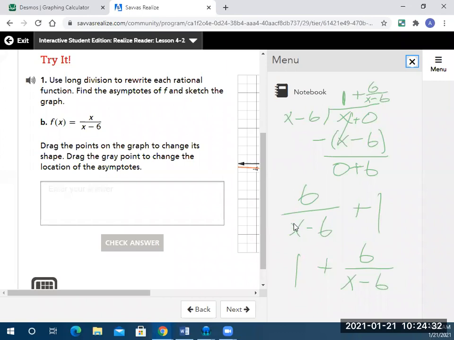So what are our transformations on this function?